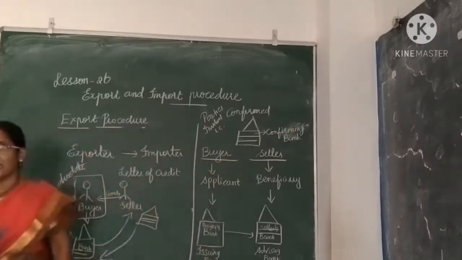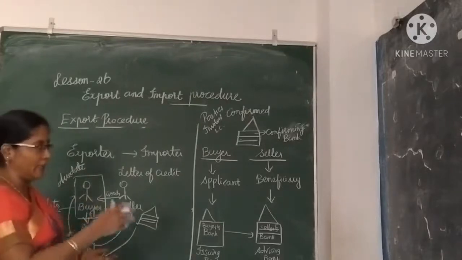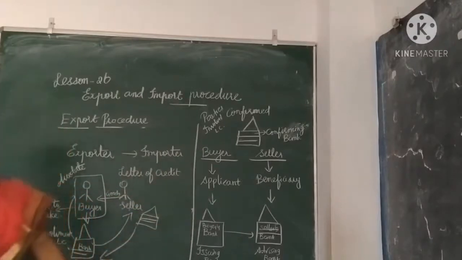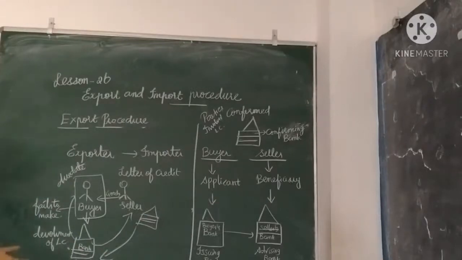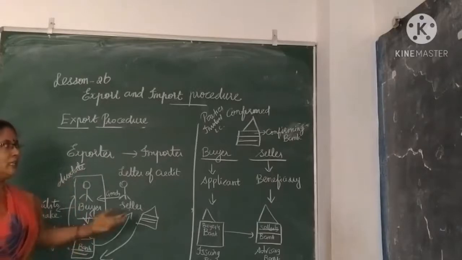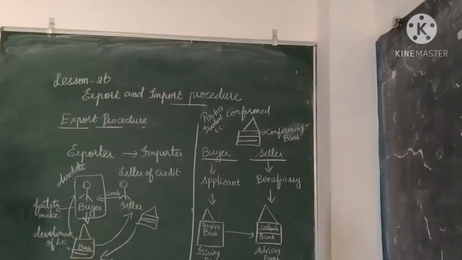Through these banks, the letter of credit process revolves. This is how we can assess the credit worthiness of the importer, because there is no face-to-face contact. So we produce the letter of credit.